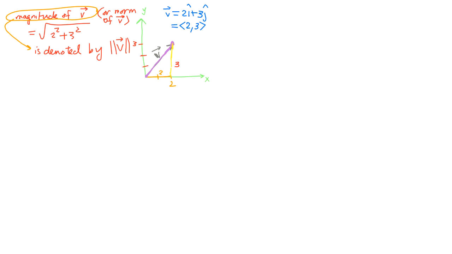This is how we denote the norm of any vector by writing this.